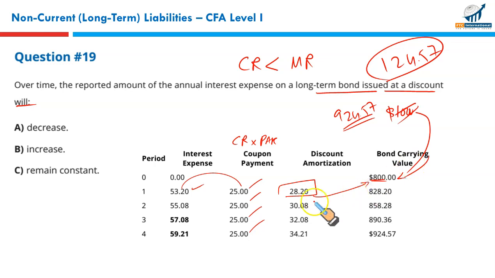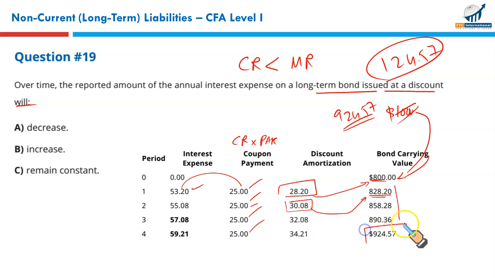Next year, interest paid is 25, but interest is charged at this base 8 to 8.2 multiplied by the market rate, 55. The difference between what we paid, 25, versus what we charged, this difference is called the discount amortization. This amortized discount will go again to this. So we keep on adding this amortized discount in the book value.